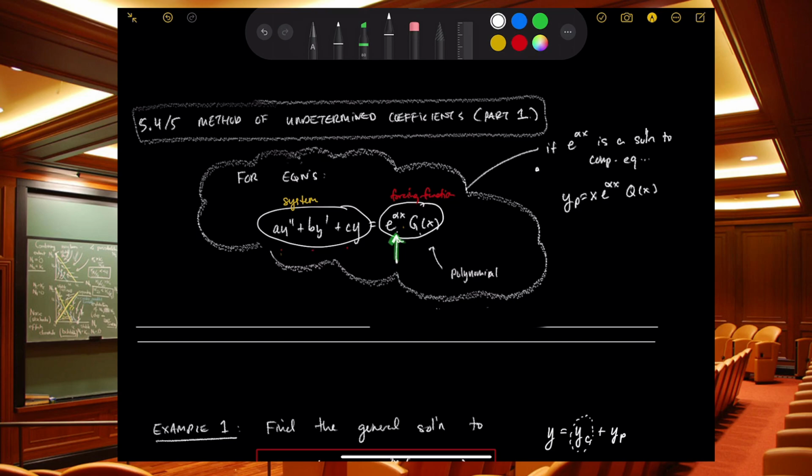If it is a solution to the complementary equation, then this will be the form of your y particular, that we got to bump up by 1 power.